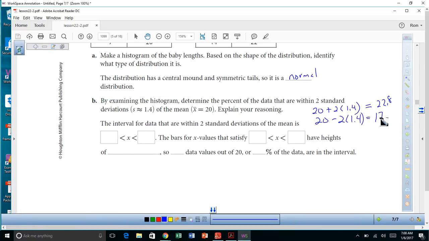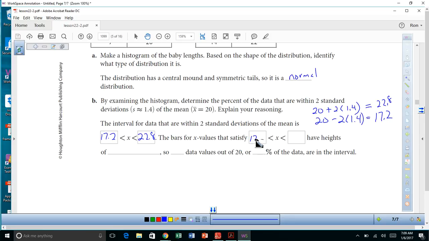So the interval for the data that are within two standard deviations of the mean is 17.2 is less than x is less than 22.8.